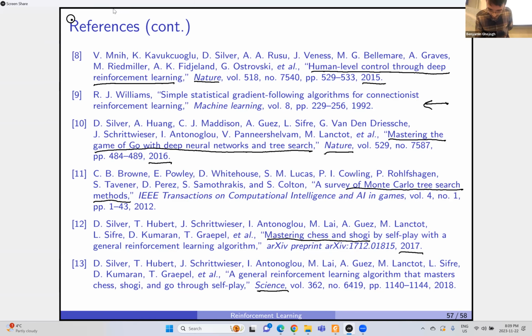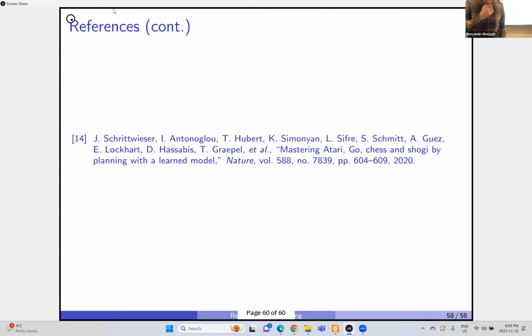Also this one, a bunch of papers on that. A general reinforcement learning algorithm that masters chess, shogi, and Go. Again, Mastering Atari, Go, chess, and shogi by planning with a learned model. Also published in Nature.